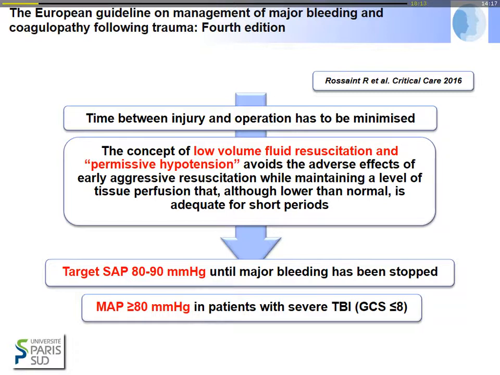We try to respect a target of systolic arterial pressure between 80 and 90 millimeters of mercury until the bleeding is stopped. And if we have to deal with an associated traumatic brain injury, we increase the mean arterial pressure to increase the cerebral perfusion pressure.